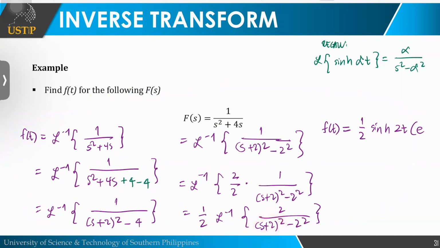So s minus negative 2 is the s minus alpha, and the exponent is negative 2t. So we rewrite it as 1/2 e to the negative 2t hyperbolic sine of 2t. So this is your final answer.